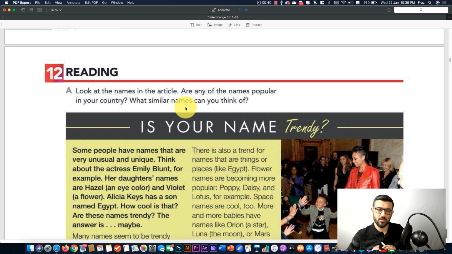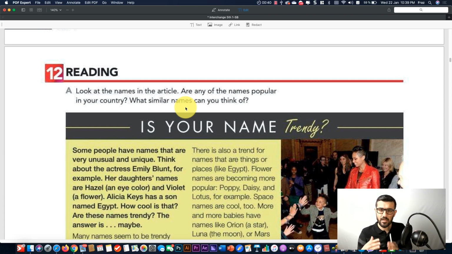Now I'm going to jump to exercise 12, which is reading. Remember that in each unit we have a reading exercise. And reading, you know that we read for different purposes. In fact, reading enhances our writing skills, even pronunciation and many other skills.